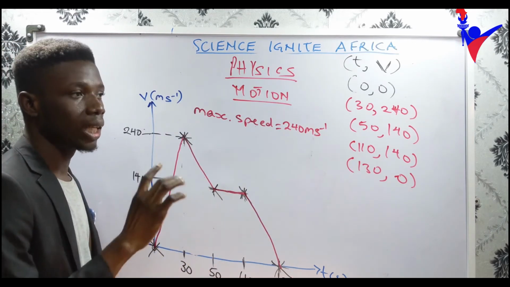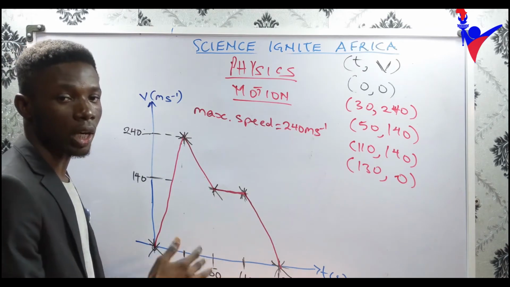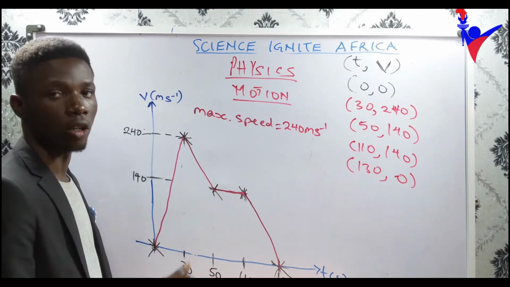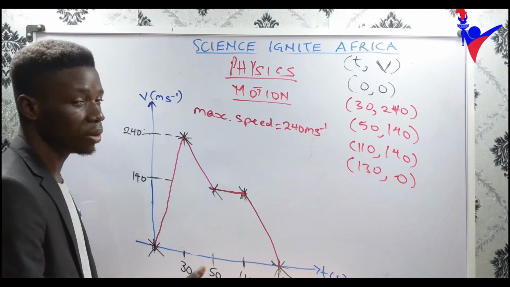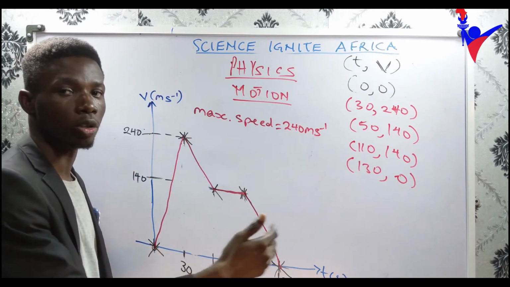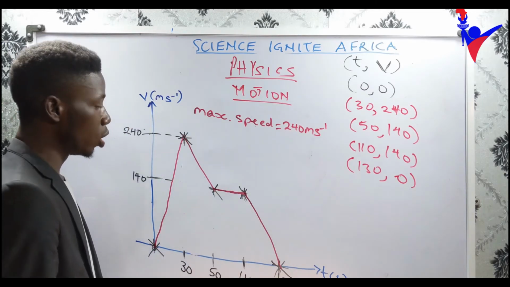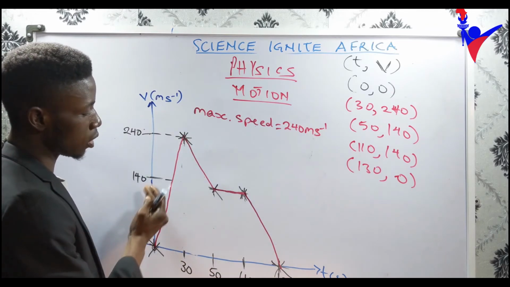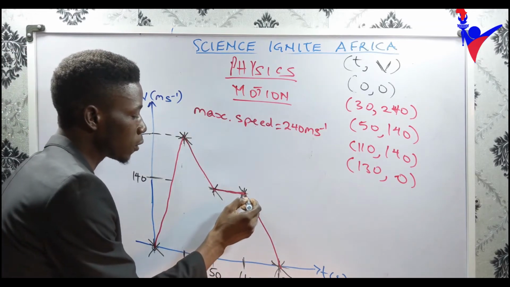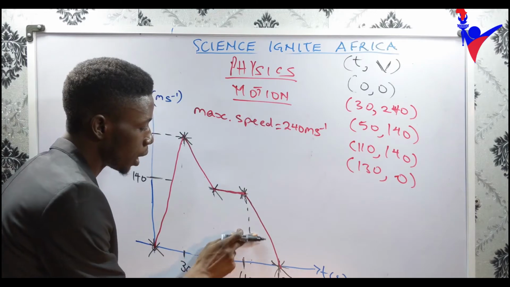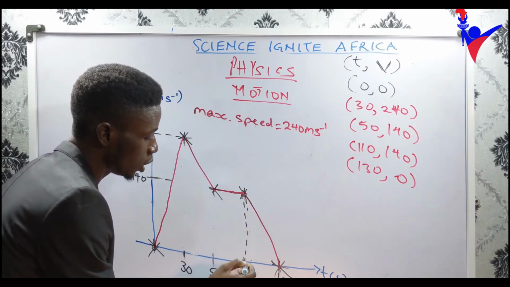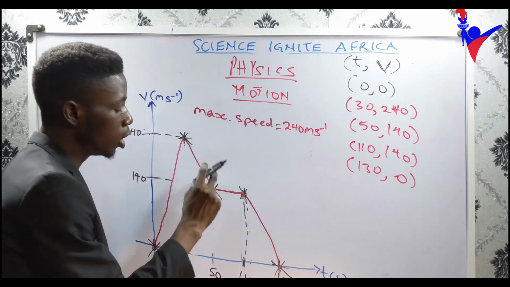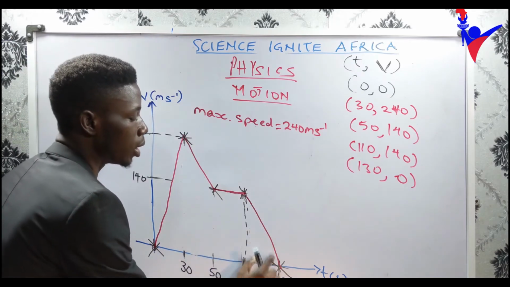Which implies that the stage of motion that we are concerned with here is the last stage, because the last stage is when the body is being brought to rest, which is the fourth stage. So for now, I don't have to concern myself with this part. I only need this part. This is supposed to fall directly on 110. So I'm only concerned about this part.